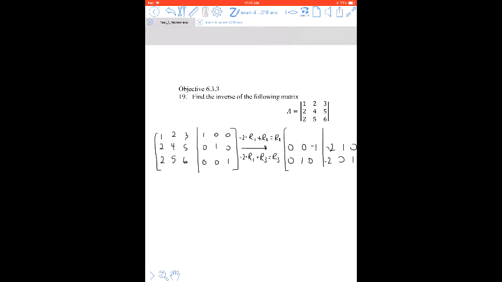And then I didn't change row 1, so that stays the same.